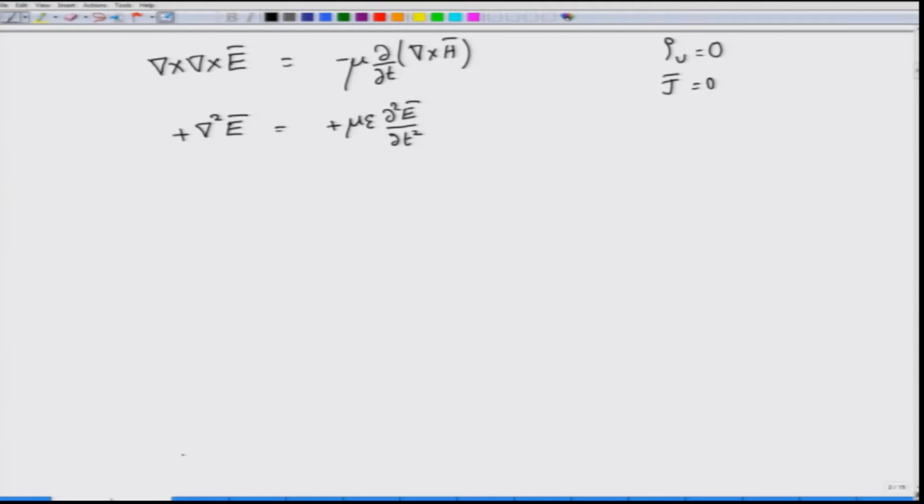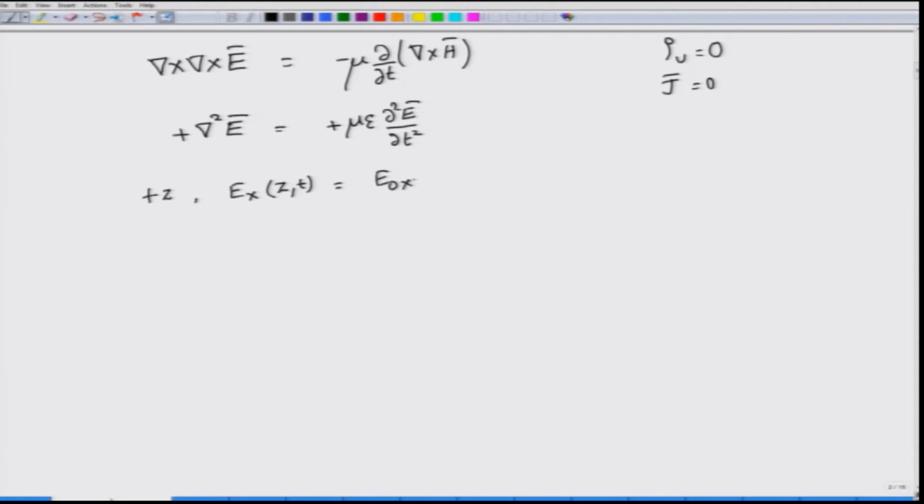Okay. Now, one solution for this is to assume that waves are propagating along the z direction. Okay. If the waves are propagating along the z direction and we take only that the Ex component is nonzero, then the solution for this will be a wave whose electric field is a function of only z and time, and this electric field is given by some E0 which is a constant.